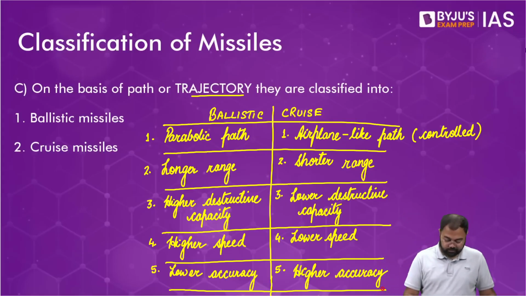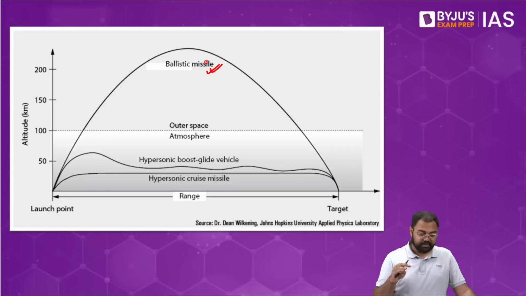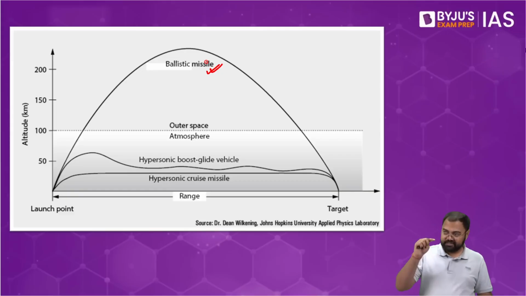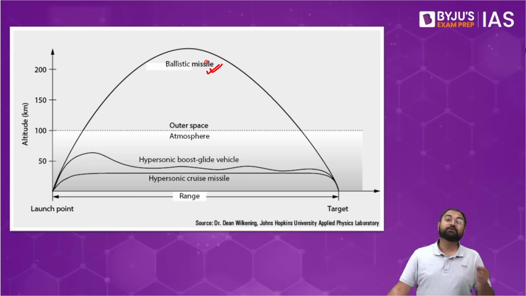Now, it's about the path. Ballistic missile basically takes a parabolic path, whereas in case of cruise missiles, it is a controlled path, and many times it becomes very difficult to detect a cruise missile as compared to ballistic missiles, because cruise missiles can sometimes fool the radar system as well, and radar may not be able to detect them.